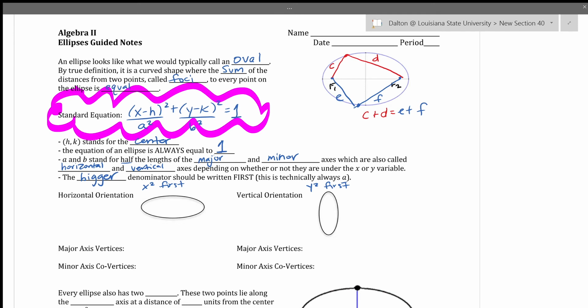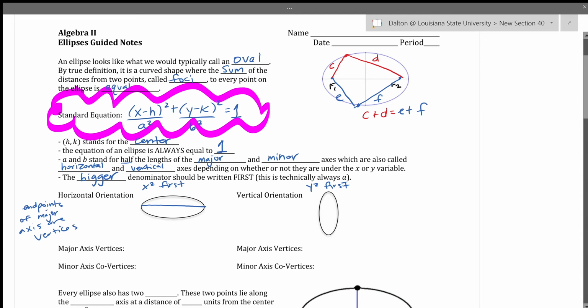Okay, for the horizontal orientation or the vertical orientation, no matter what, if I ask you to find the major axis vertices, they are kind of what it sounds like. If we say that our major axis is always going to be the bigger one, then the endpoints of the major axis are called vertices.